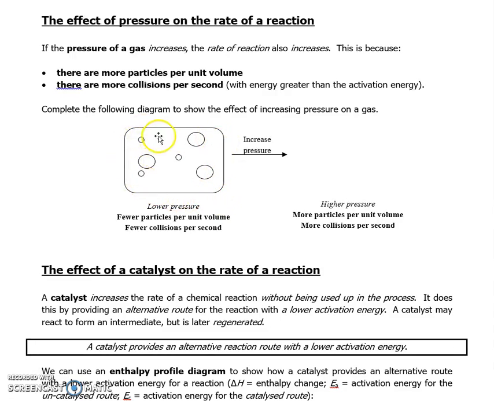Just imagine halving the capacity of this rectangle. Therefore you would have more particles per unit volume because you've got a lower volume. And again, there would be more collisions per second, and this would lead to a greater frequency of collisions having an energy greater than the activation energy.